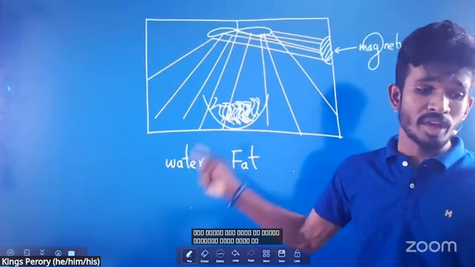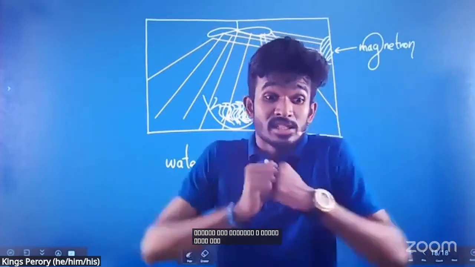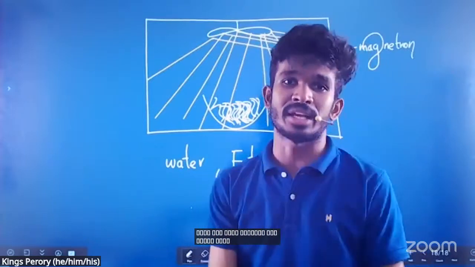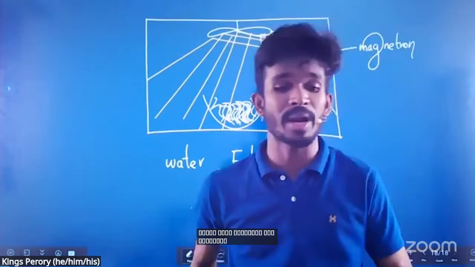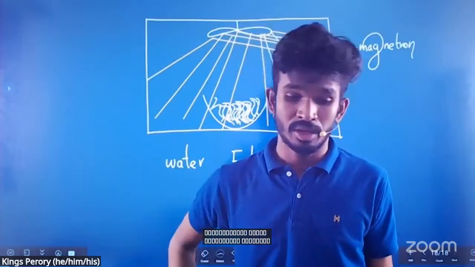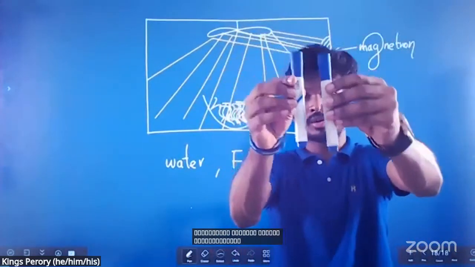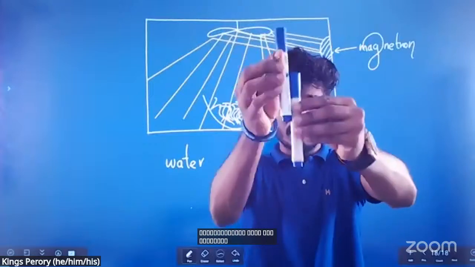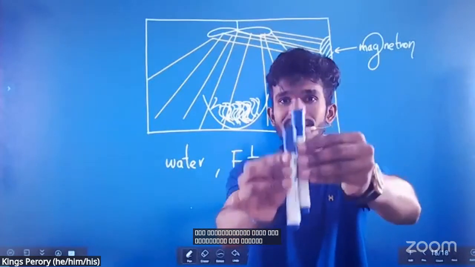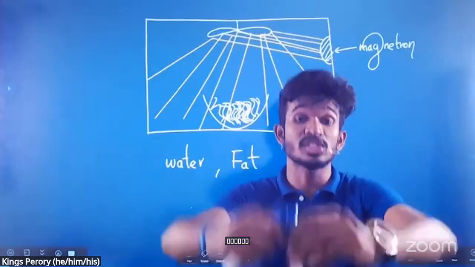When microwave falls on water or oil, what will happen? This water or oil will start vibrating. Water molecules start vibrating. Oil molecules start vibrating. Now think. This is a water molecule. They are vibrating. When they are vibrating, they rub against each other. Tell me, when two things are rubbed against each other, what is generated?